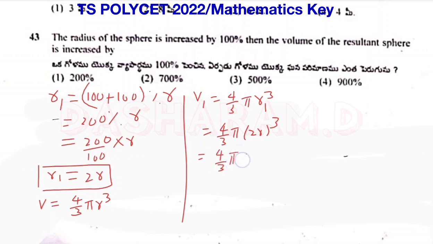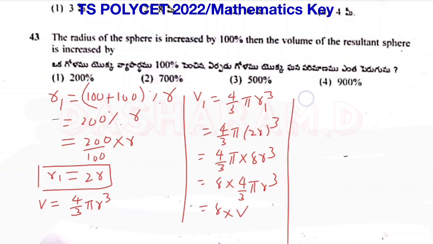So 4/3 into pi into 8 r cube. Then 8 into 4/3 pi r cube, where 4 by 3 pi r cube is the original value, denoted by V. So V1 equals 8 into V. So the changed value is equal to 8 times the original value.